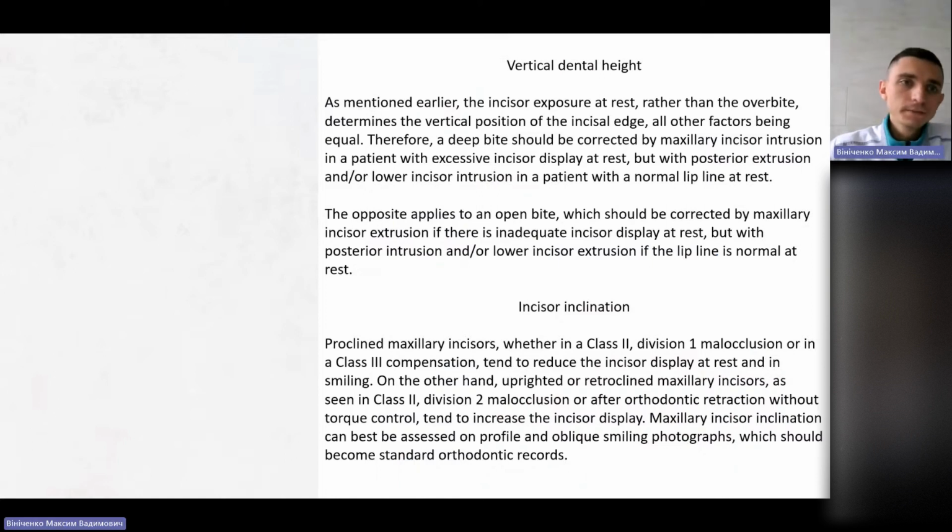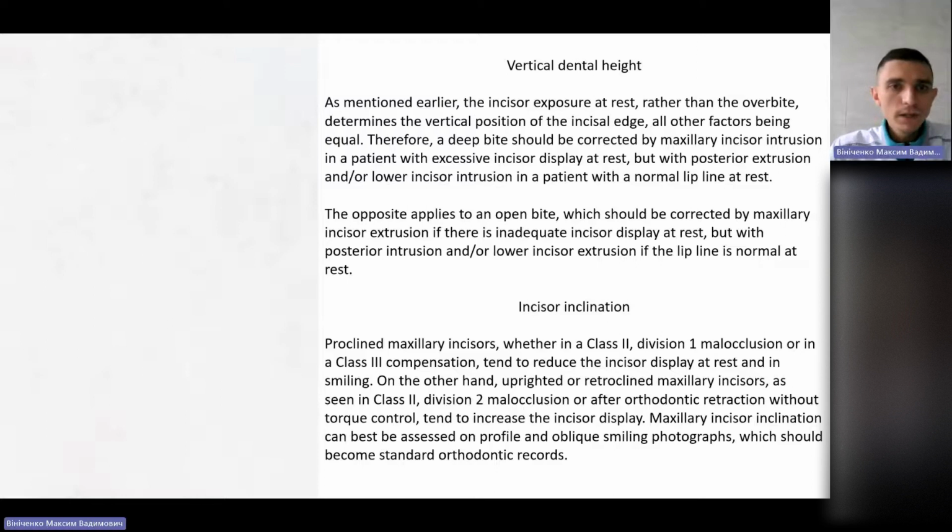Vertical dental height. As mentioned earlier, the incisor exposure at rest rather than overbite determines the vertical position of the incisal edge, all other factors being equal. Therefore, a deep bite should be corrected by maxillary incisor intrusion in a patient with excessive incisor display at rest, but with posterior extrusion and lower incisor intrusion in a patient with normal lip line at rest.